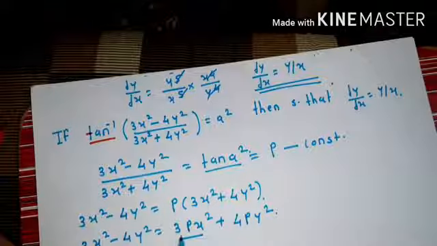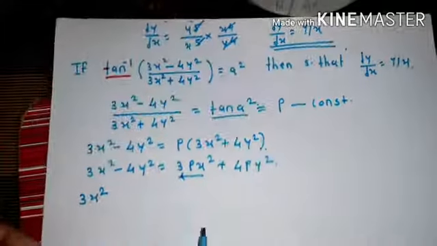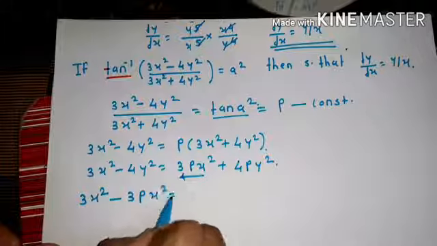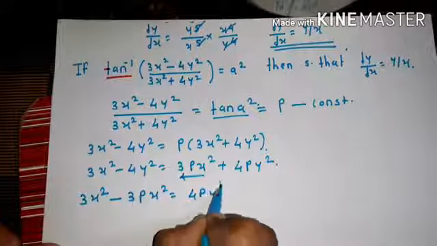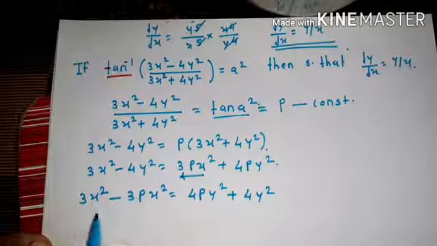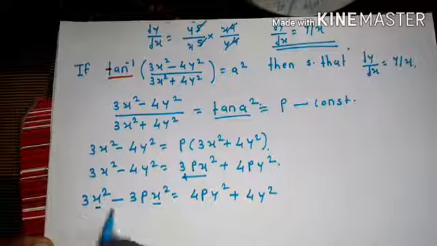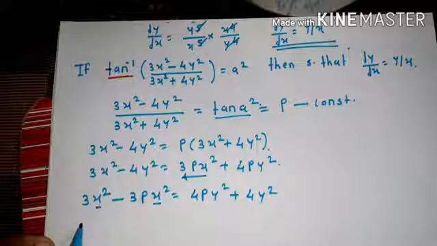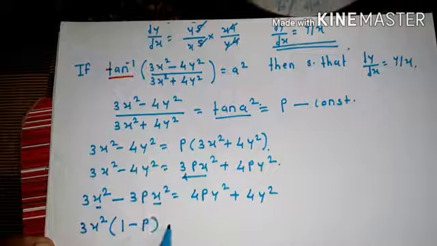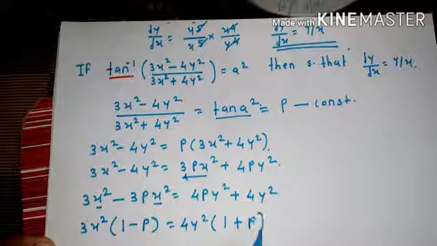So shift this x² to that side: 3x² − 3px² equal to 4py² + 4y². Now take common, 3x² common, we get 3x²(1 − p) equal to 4y²(1 + p).